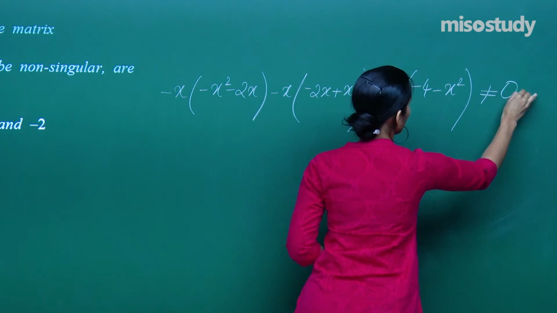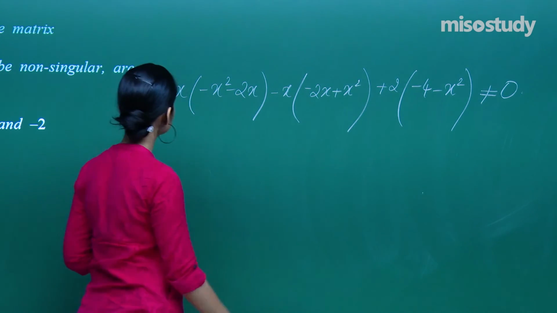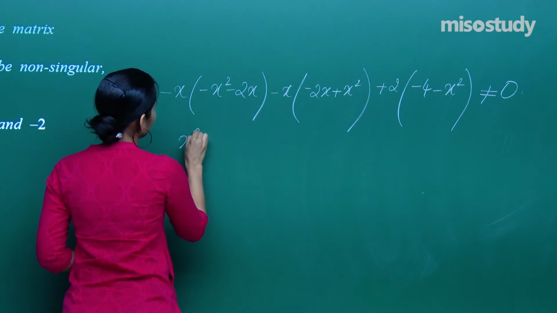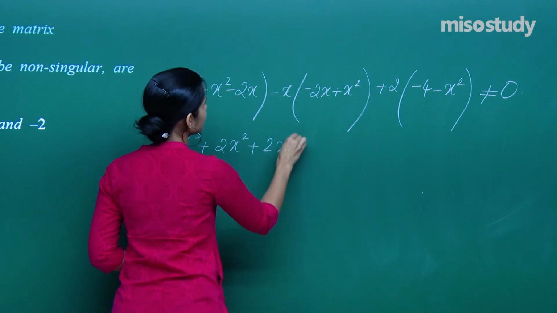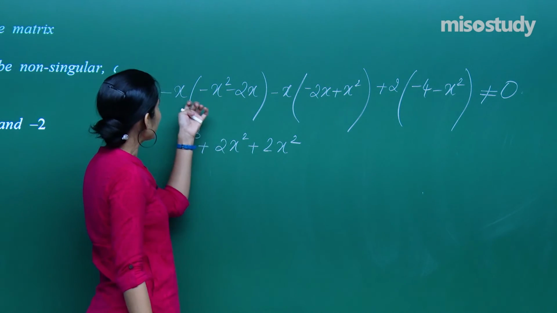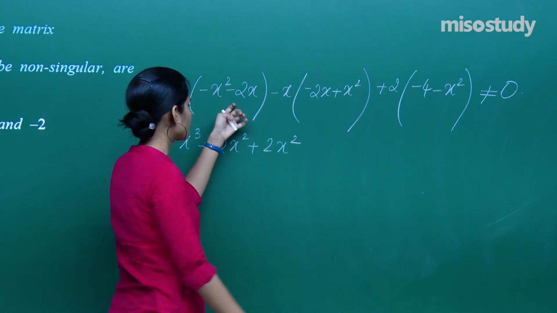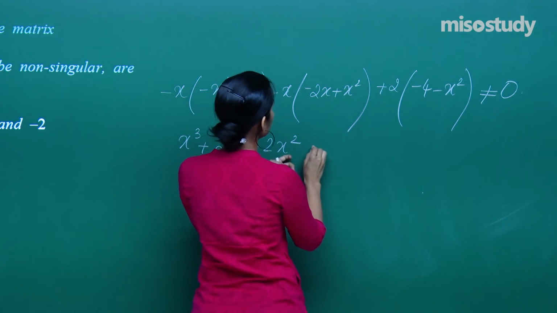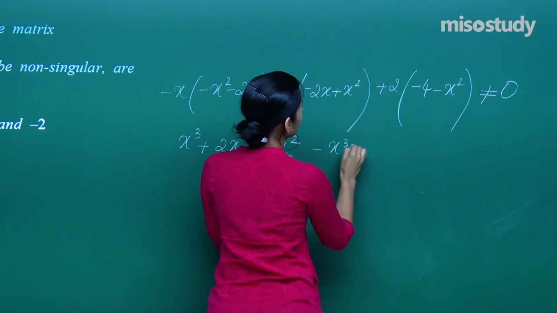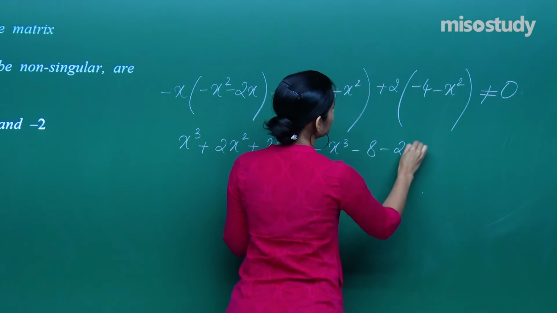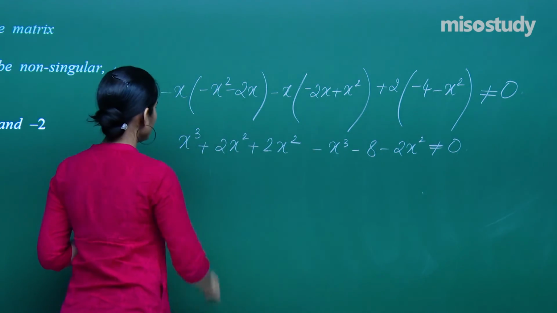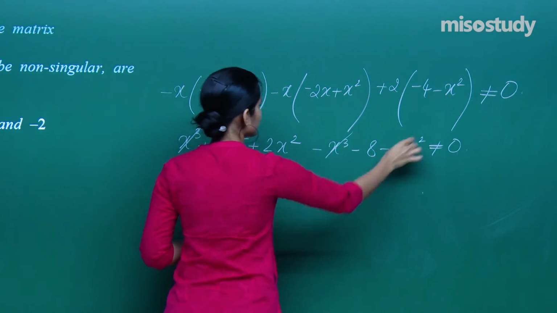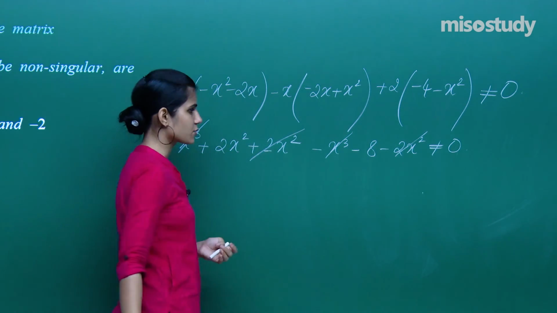This determinant is not equal to 0, it's given to you. So you have x cube plus 2x square plus 2x square. This is x cube plus 2x square, again plus 2x square minus x cube minus 8 minus 2x square is not equal to 0. You can see plus x cube minus 2x square plus 2x square.